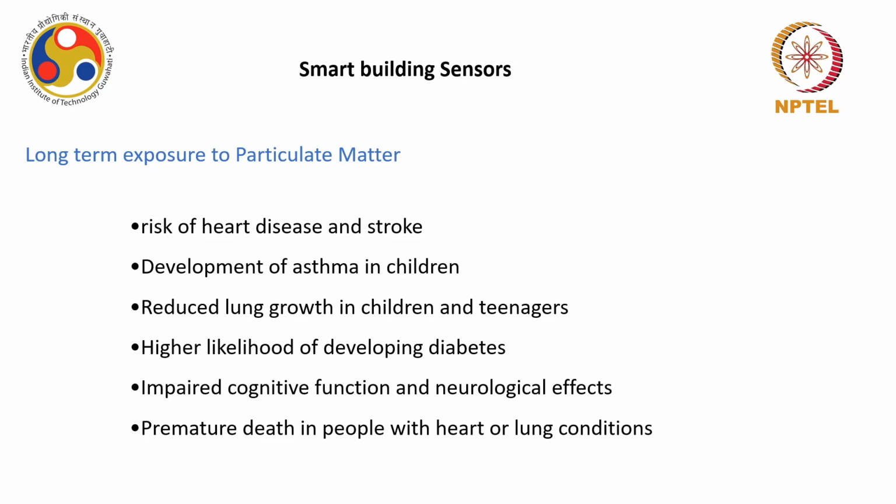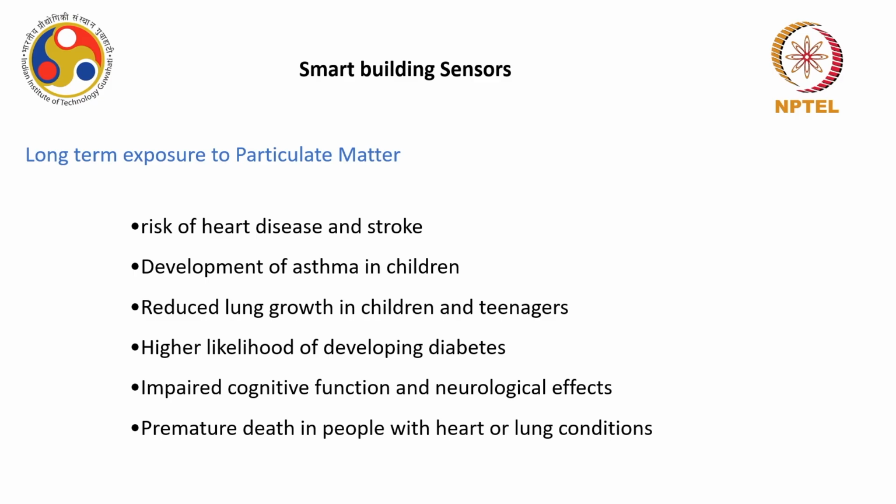However, long-term exposure to particulate matter should be avoided. It can increase the risk of heart diseases, and it can even lead to stroke. It can develop asthma even in children. It reduces lung growth in children as well as in teenagers. If you are exposed to this particulate matter regularly, there is a likelihood of developing diabetes.